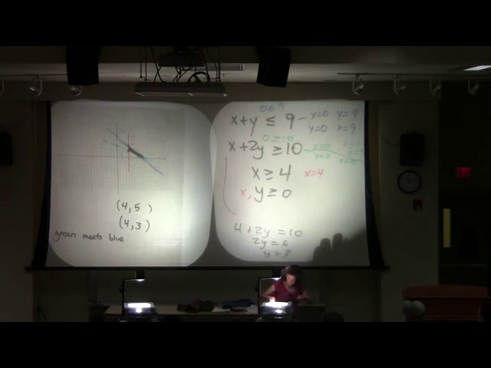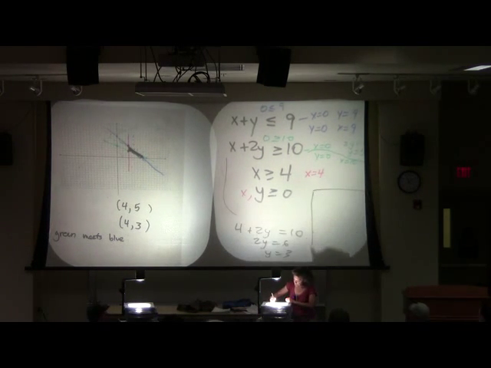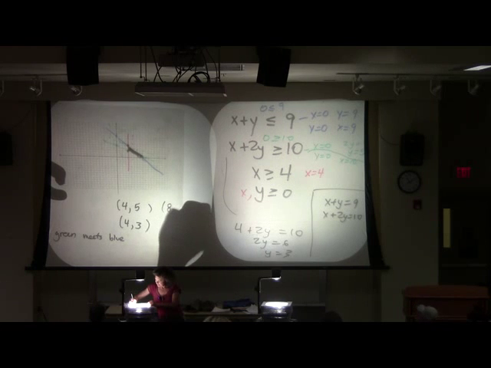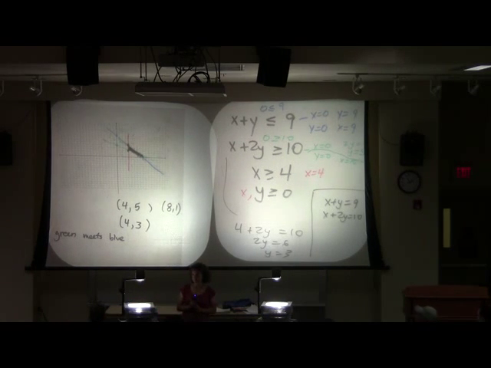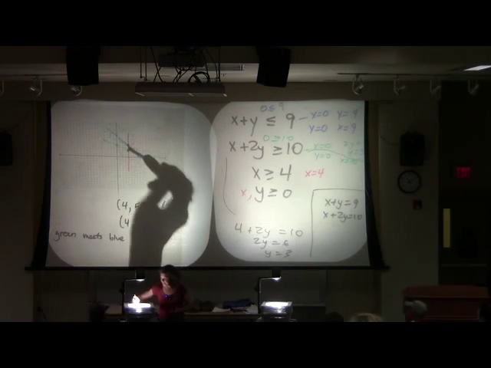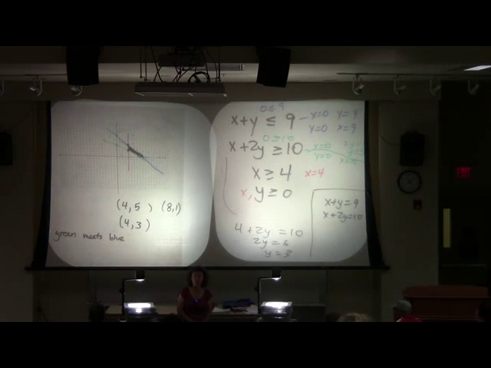So, if your graph was a total wreck, what you could do is solve that system of equations. Couldn't you? Yes, you can. And I claim you're going to get x is 8 and y is 1. Now, if I drew this halfway decently, it would also appear there. Are you guys all with me on this?